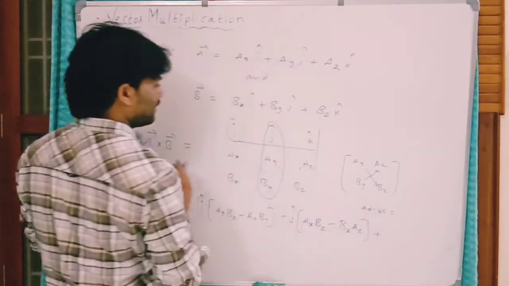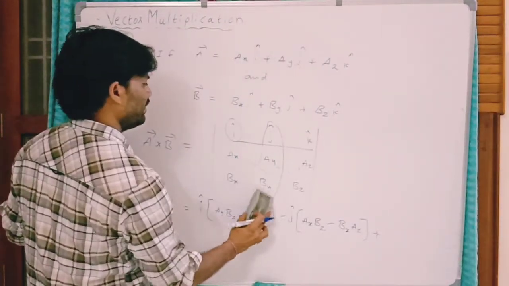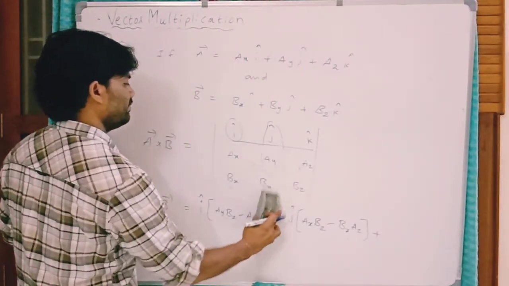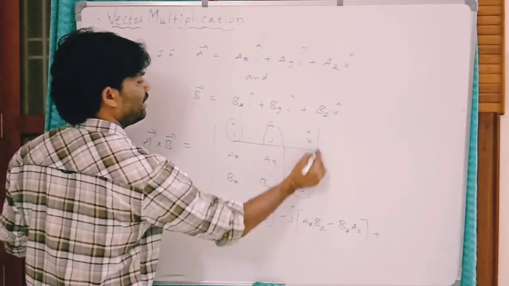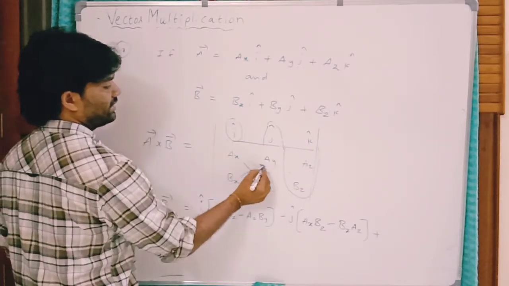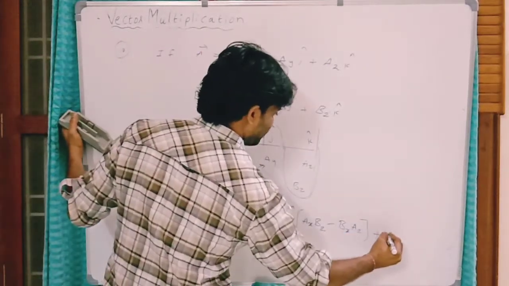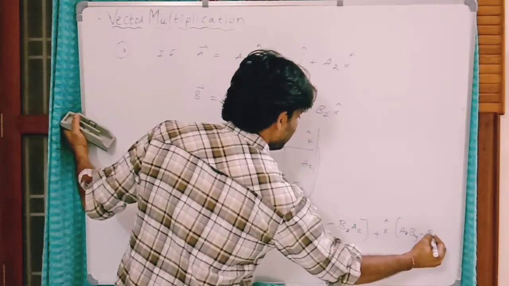Next for k, in the same manner. When you take this k term, leave the k corresponding column, then multiply. So the k cap component is ax by minus bx ay.